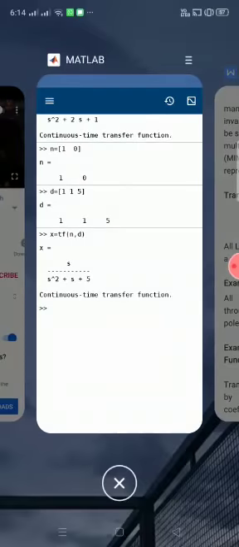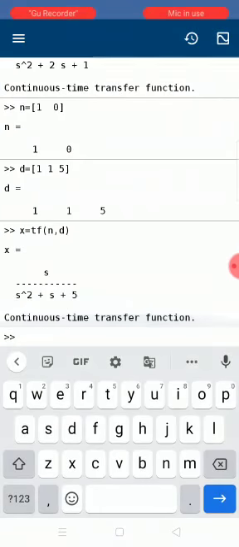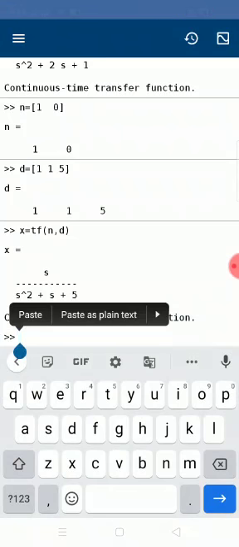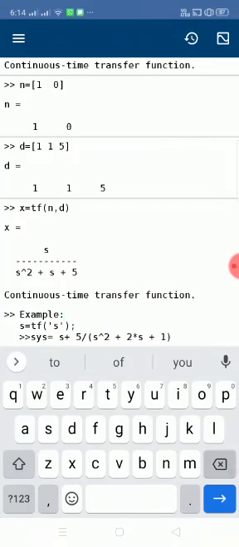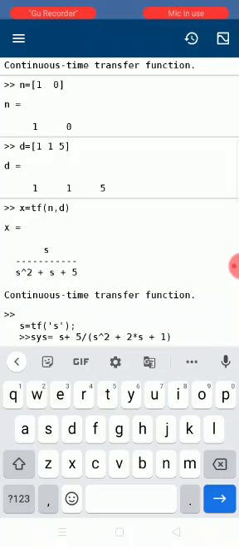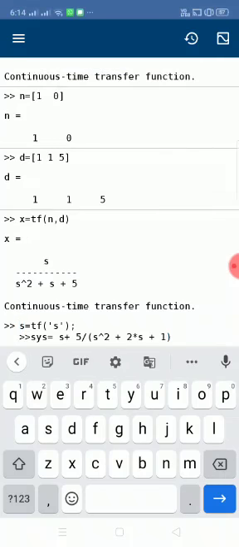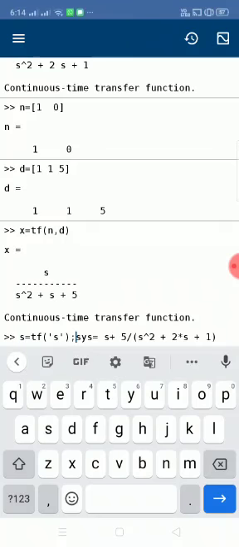See here, I am writing here. So I am deleting this example term from here. I wrote s equal to tf within apostrophe s, and then any variable you can write here.